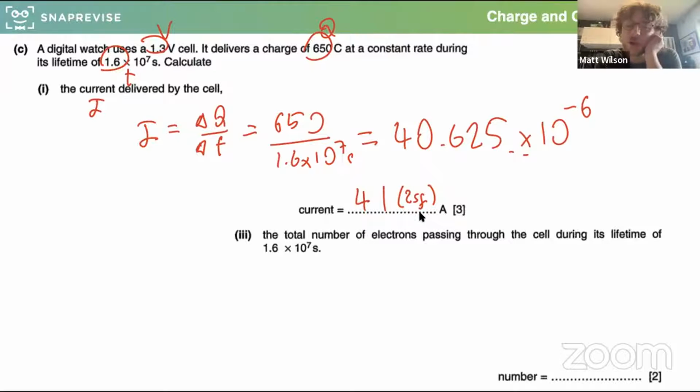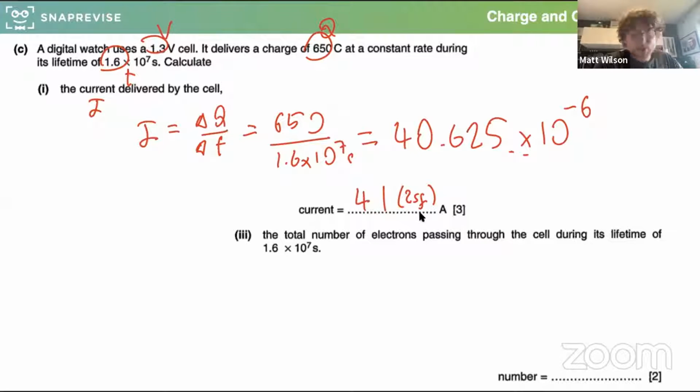Next question. The total number of electrons passing through the cell during its lifetime of 1.6 times 10 to the 7 seconds. I think this is a good one to pause and have a look at. Any ideas? What calculation should I do here? What should I divide by what? Total number passing through the cell during its lifetime.